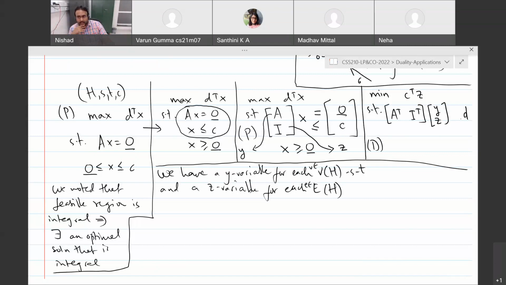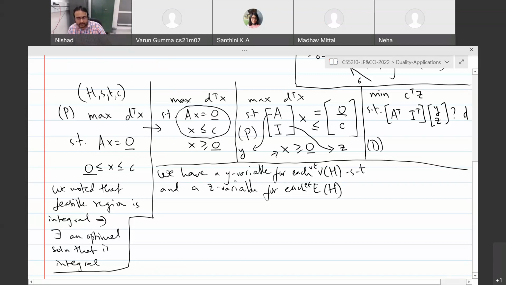Okay. And what about these constraints? What do these constraints look like? What should I put over here? We are going to look at these variables. They are non-negative, so that's natural.